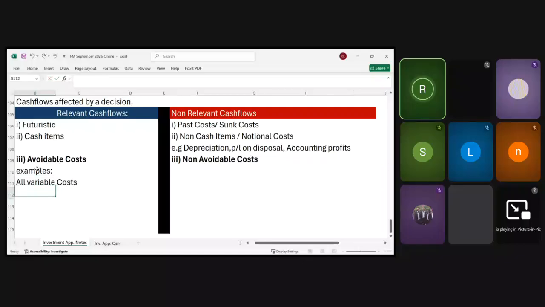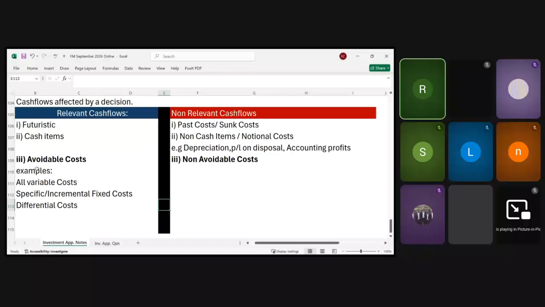We have specific or incremental fixed costs. They are relevant. We are going to have differential costs. Differential costs, they are relevant here.